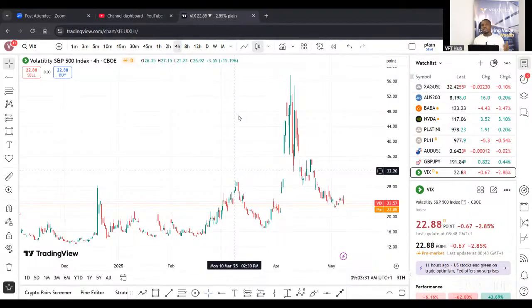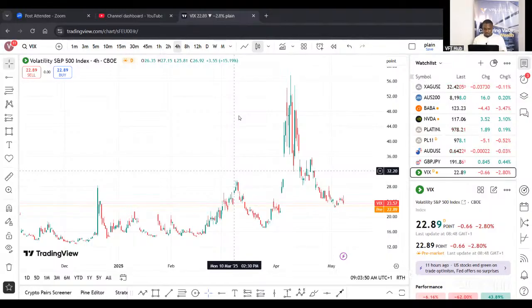Also, if you see a sell-off across the board on US equities, US 30, 100, S&P 500, recording a red day, record declines and all of those things in the market.